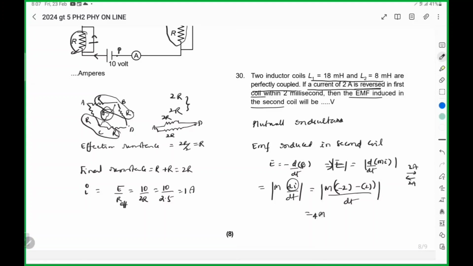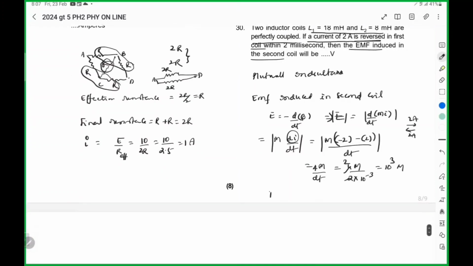So it is 4M by dt. So this time he has given it as 2 millisecond, 10 cube into M. And since he told it is perfectly coupled, so M is equal to root of M1 into M2.